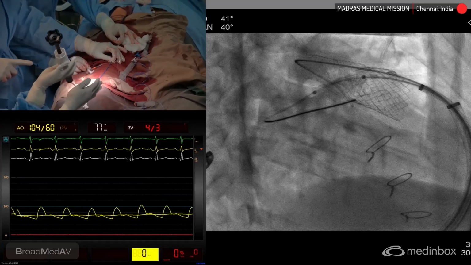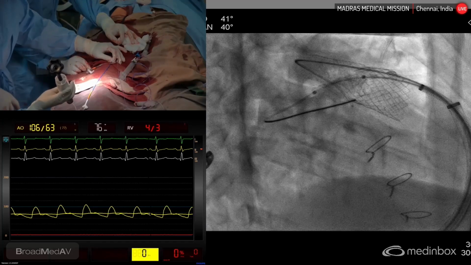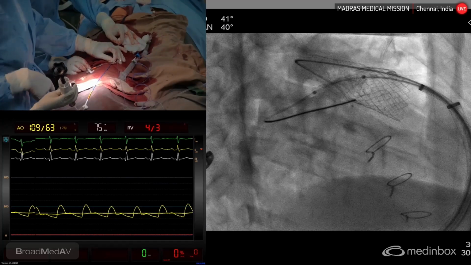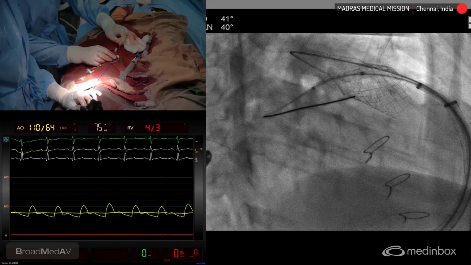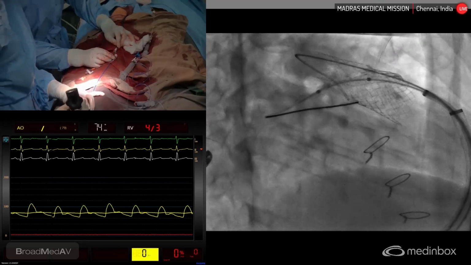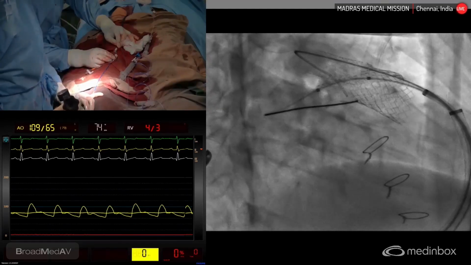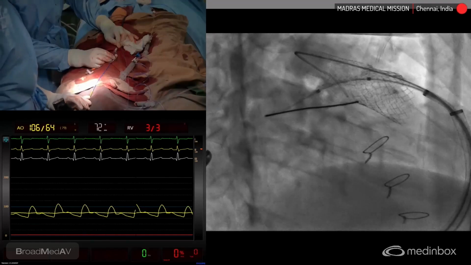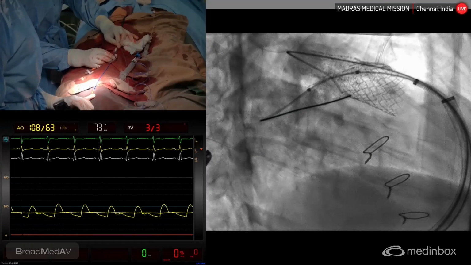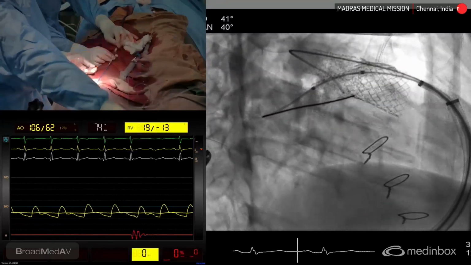Once again, we can think about doing that Armada also, like 14 millimeter. Let me first take this out and then we'll take a call. Okay, now I'm going to take out the balloon, it is fully deflated. Let me see one cine. Let me see one picture.